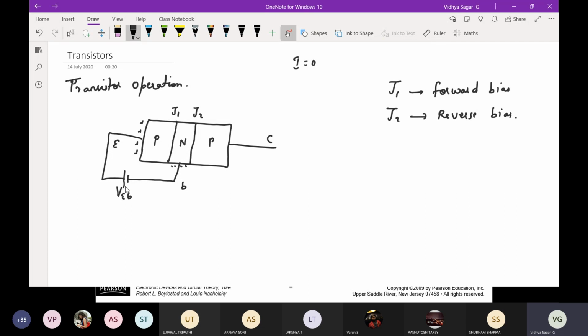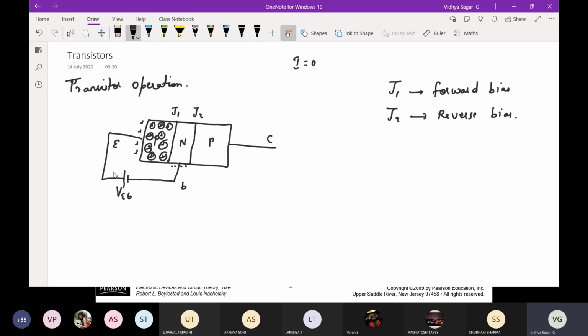Exactly. So I have holes here. In any semiconductor device, if I'm talking about the region, the majority charge carriers in p-type are holes, and the minority charge carriers present in p-type are electrons.